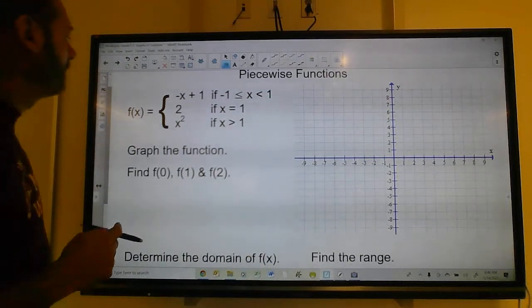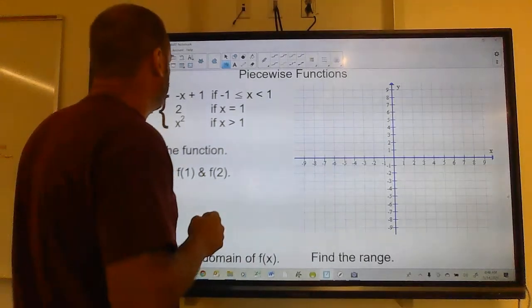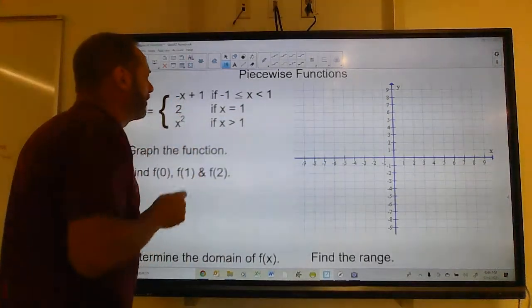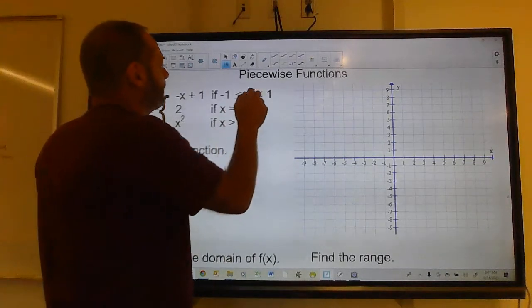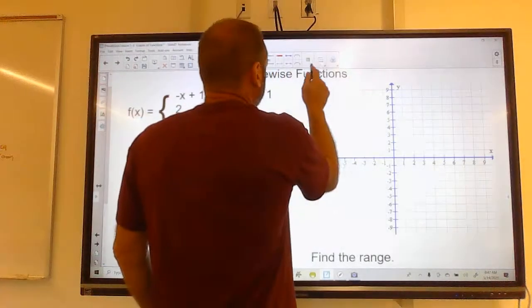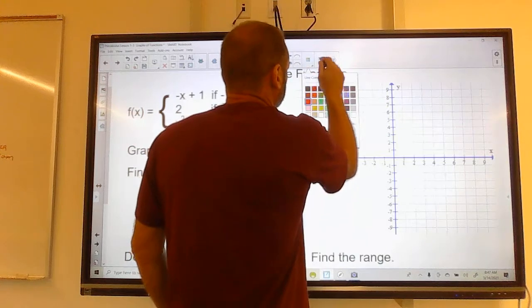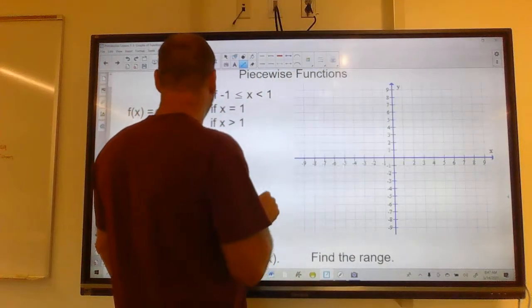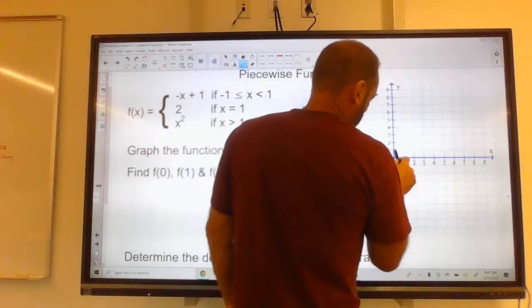Okay, so 1 minus x. If I was going to draw it, that's a line with a slope of -1 and a y-intercept of 1. So if I was just going to draw a line, it would look like this.